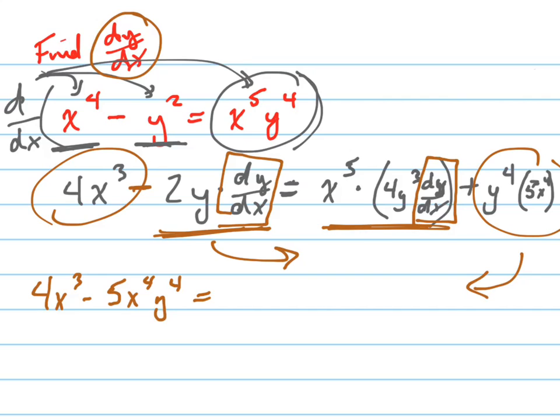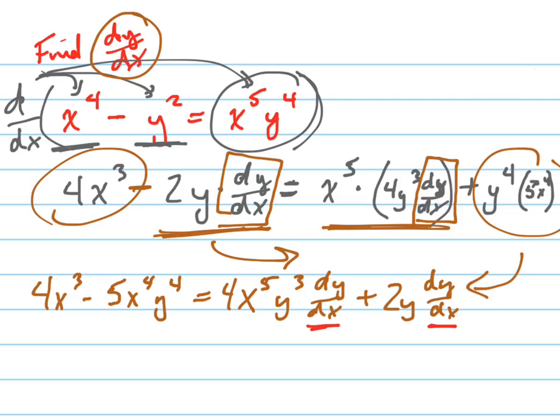This is already there, so I'll write that first: x to the fifth, 4x to the fifth, y to the third, dy/dx plus 2y dy/dx. I'm cleaning it up as I'm writing it. And now I can take the dy/dx and factor that out of both sides.